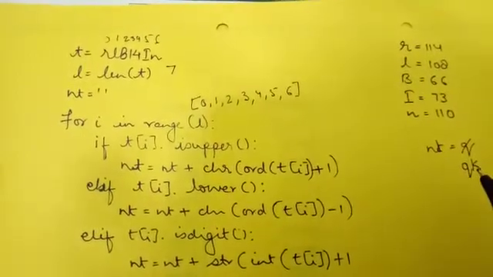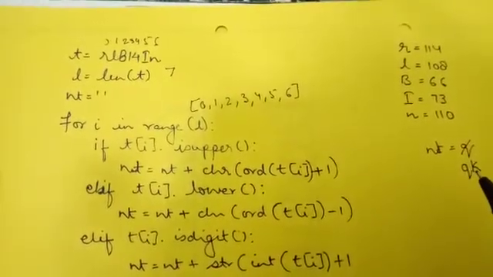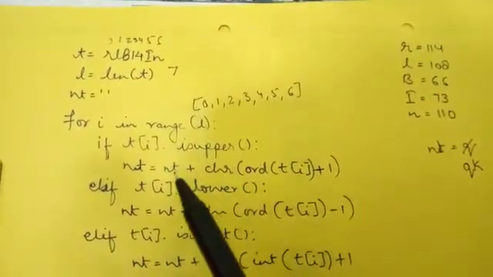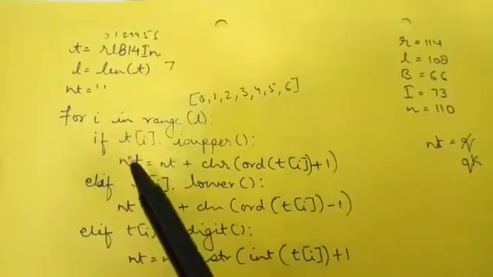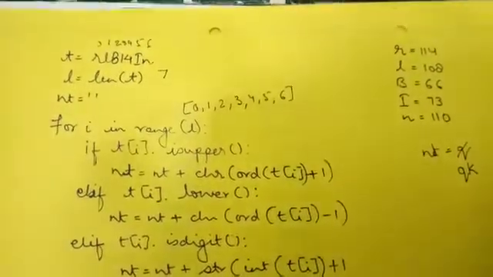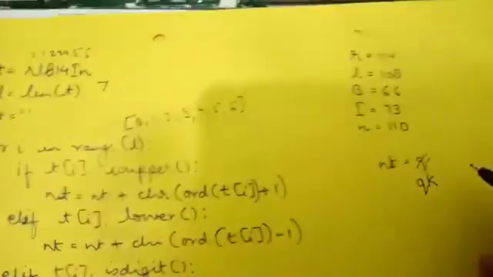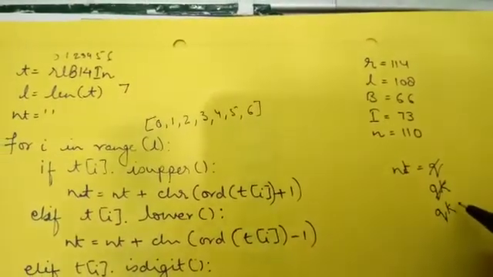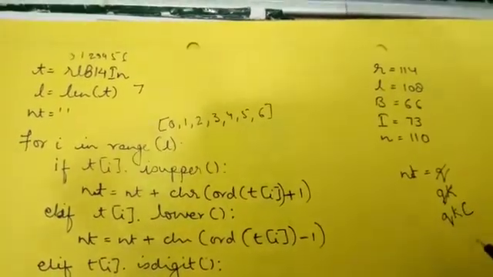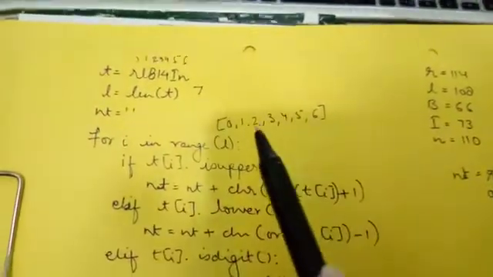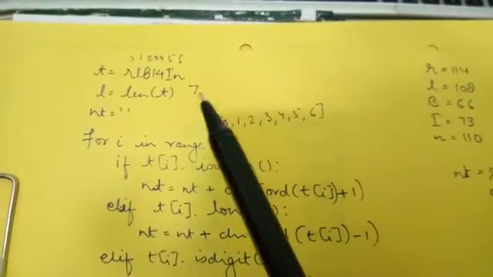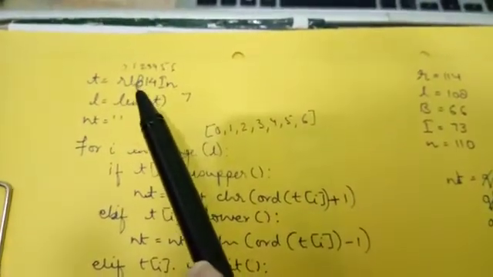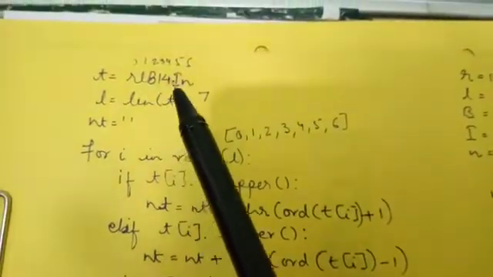Q and K, QK plus capital C. So here is QK, here is C. Concatenation will be done, and the value will move here, QK plus C. So the next value which will appear in this one is QK plus C. The total concatenated value again moves up, so it will have 3. As you can see, the list is increasing by 1 to pick one number from the text.